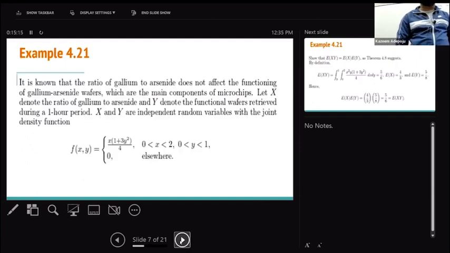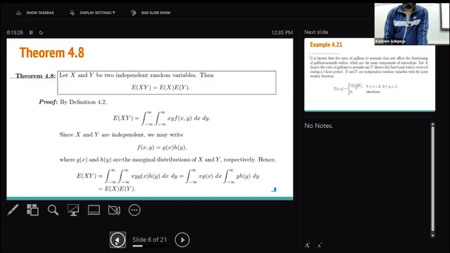We want to go into an example now. Do you see f of x, y? If X and Y are independent, what will happen to f of x, y? Let me write this.